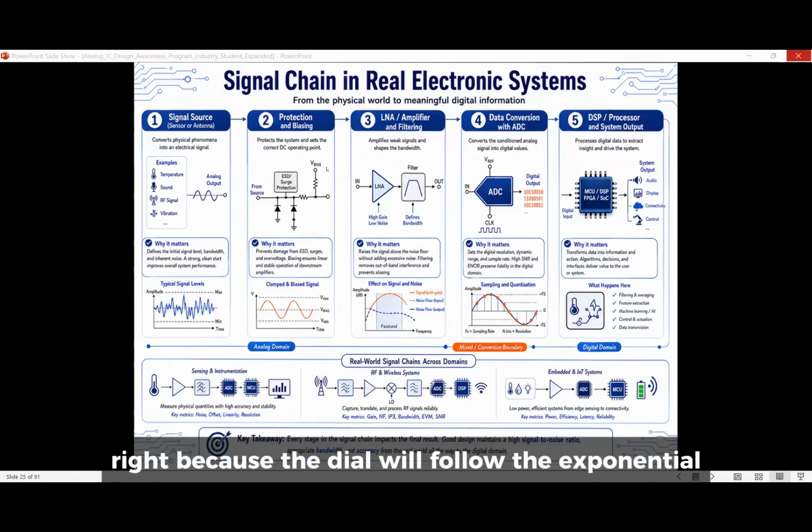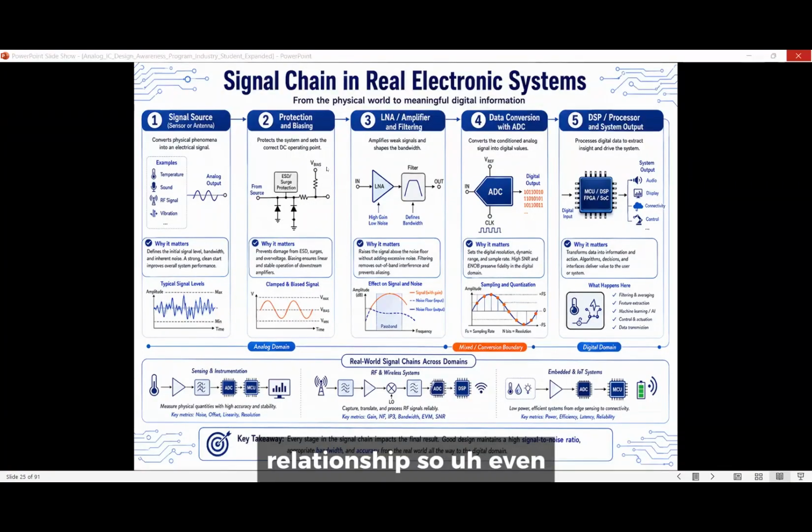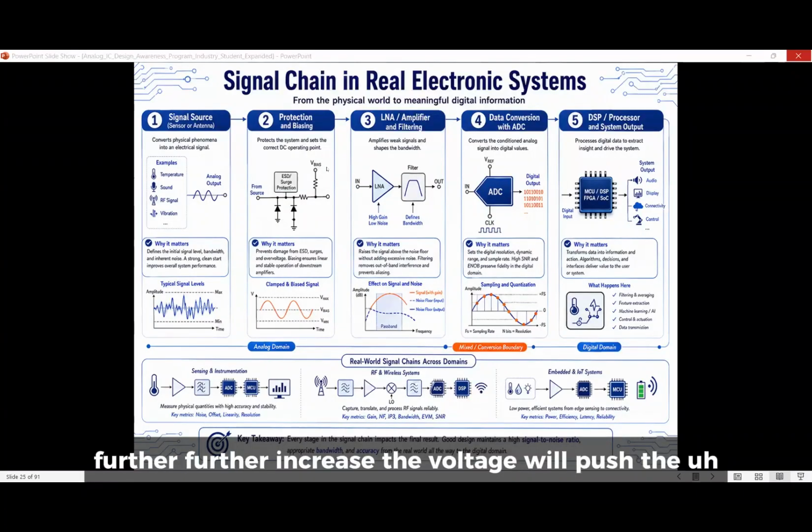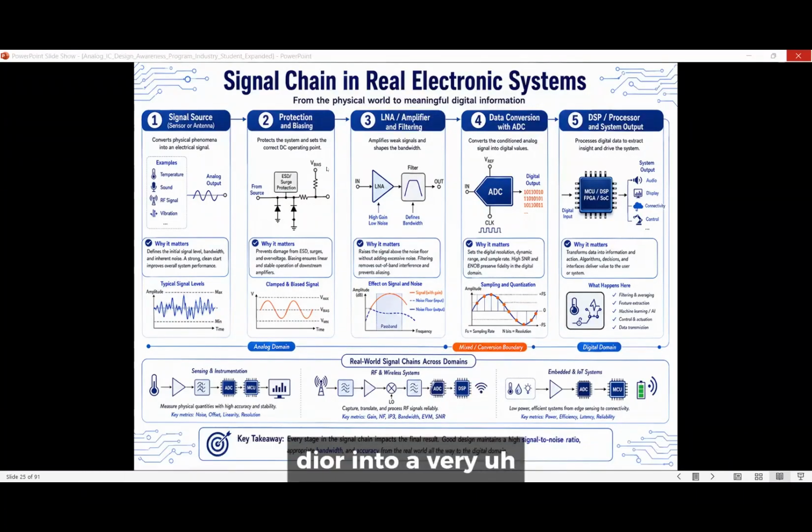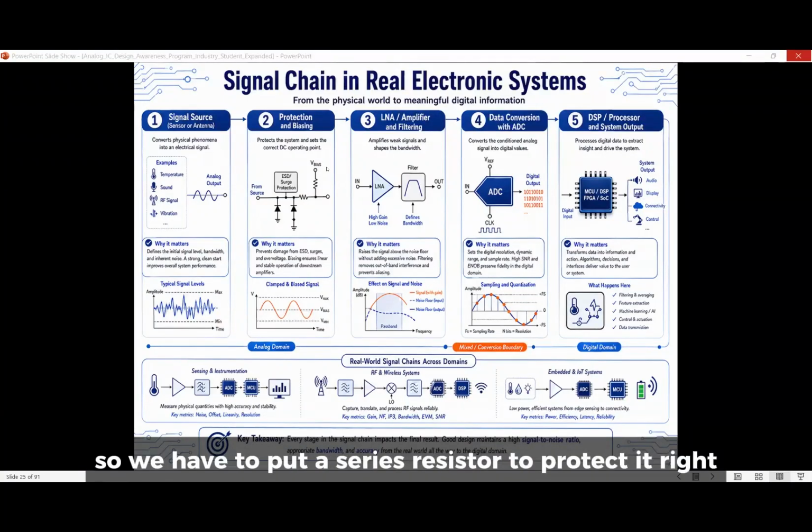Because the diode follows the exponential relationship, further increasing the voltage will push the diode into a very large current. So we have to put a series resistor to protect it, right? So we have already studied this topic before.